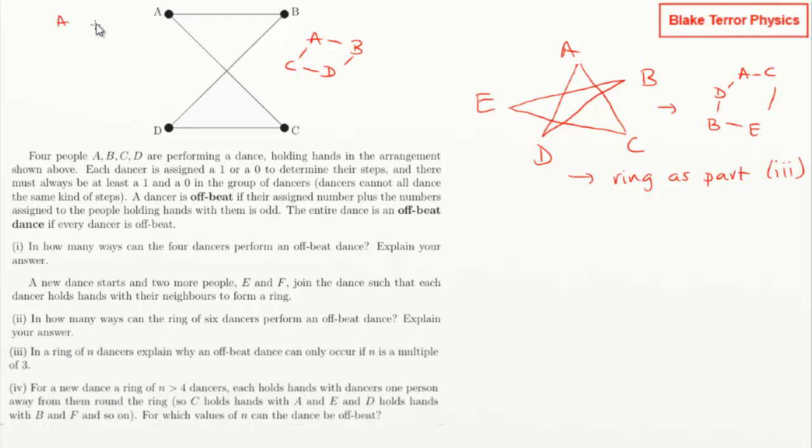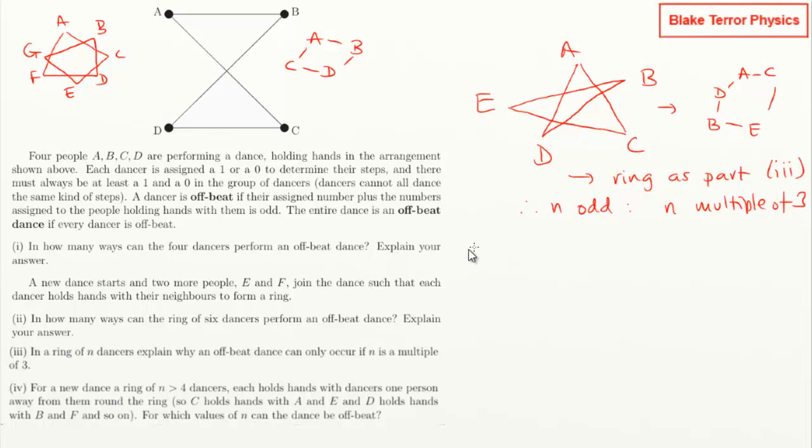Say we had 7 of them, it's always going to come back to the start, isn't it? C, D, E, F, G. So that would be to there, to there, to there, to there, to there, to there, to there. Yeah. So therefore, n odd means that we need n to be a multiple of 3.